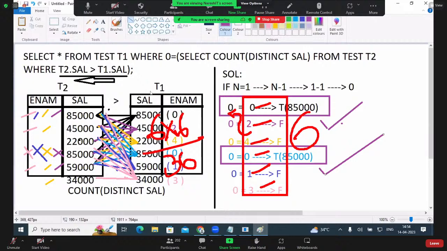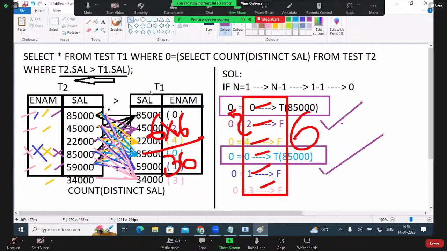That's why in my starting class I said 99.99% of real-time people, their first priority is non-correlated. And when do they use correlated? I said, when our requirements are fulfilled but we are writing a very complex query, there you can use a correlated.